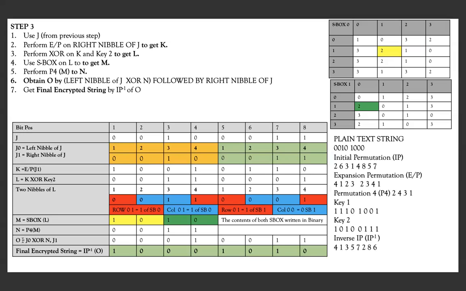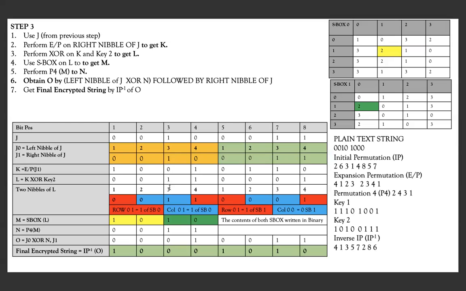We're on the final 2 stages, in which I perform an XOR operation between this N and J0. This is J0. J0 was the left nibble of J. So this is my N, this is my J0, and let's see what happens when I take an XOR operation. 0, 0, 0. Agreed? Agreed. 0, 0, again 0.